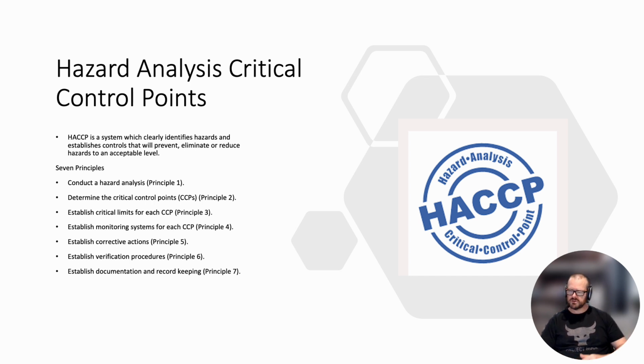We checked the temperature of the food when we cooked it, there was no problem. We checked the temperature of the food when we served it, there was no problem. Therefore, it's highly unlikely that there was any fault on us for this instance of food safety. That's how HACCP works.